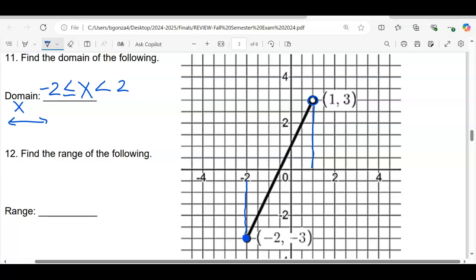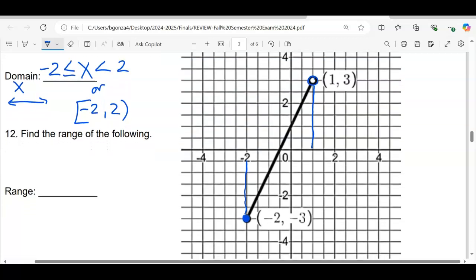Another way of doing it is interval notation, where you put these two numbers, -2, comma 2. Since it's shaded on the left, it's a bracket, and on the right, since it's open, I put a parenthesis. Two different ways to do it.